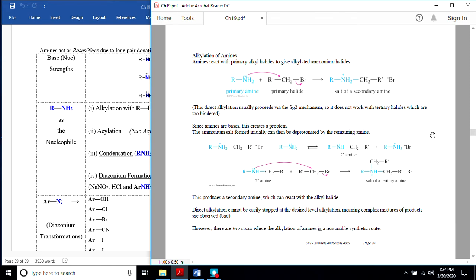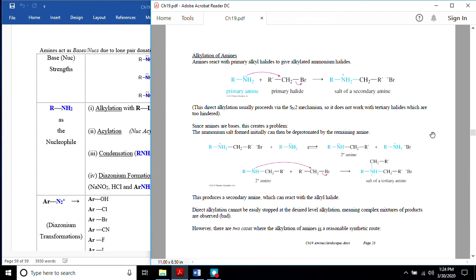In our last video we said that secondary amines are about as basic, therefore about as nucleophilic as primary amines. So we now have a situation where our product or our start material could react with our other reagent, and so you get a combination of all of these different reactions.